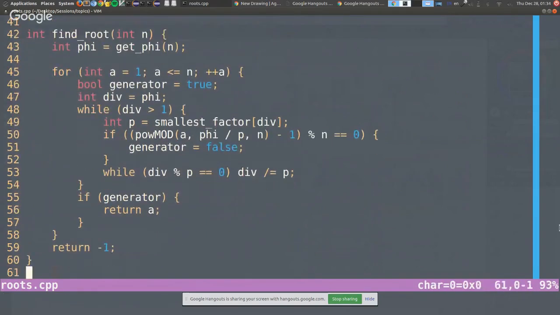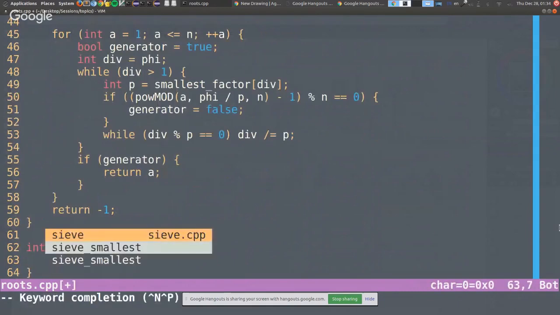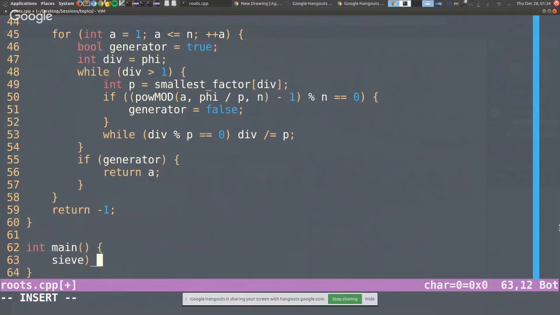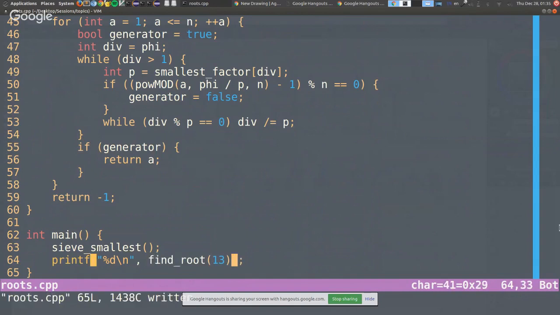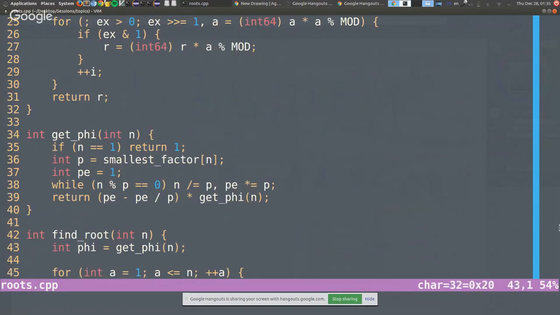Here we run the sieve. We go through all the numbers, or we can just say find the root of say 14. And also, after debugging, we can just say here what's the value of phi.